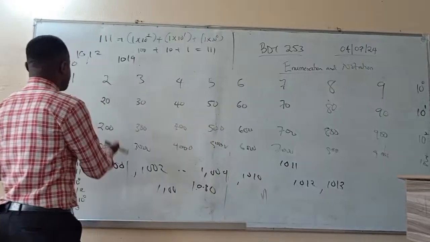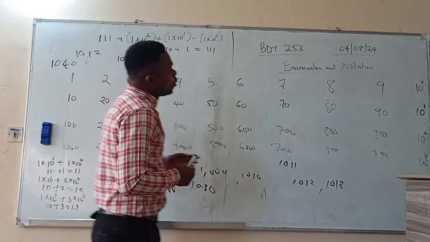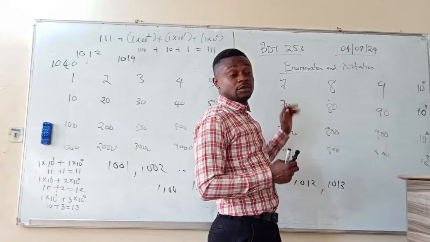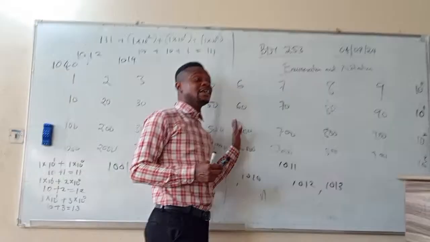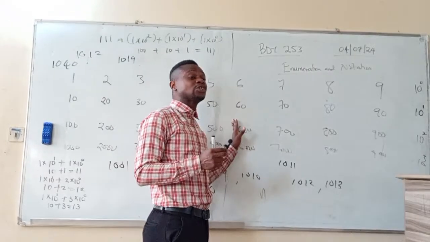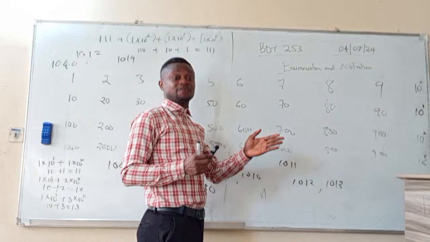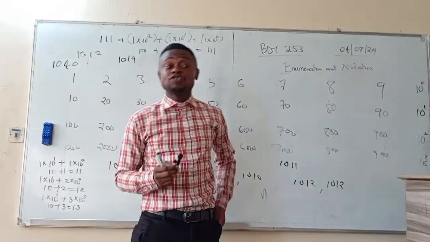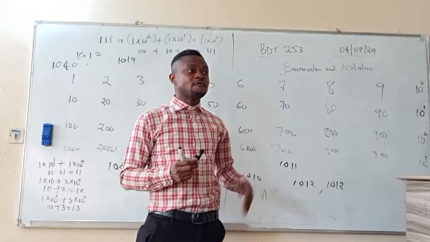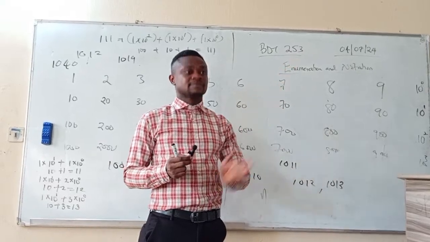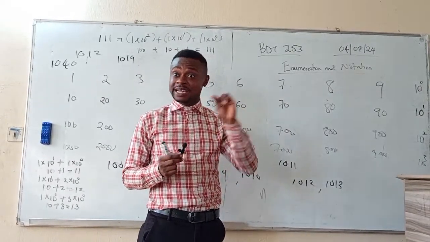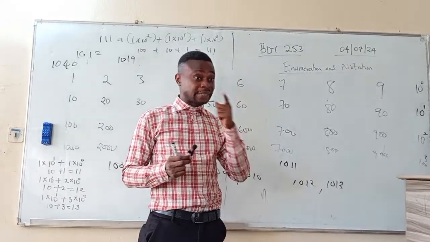So with this, I will stop here in enumeration. Even if it has nothing to do with numbers, even a list of things, you can enumerate. In an examination, if you're asked to enumerate, please follow a particular order. It can be order of importance.